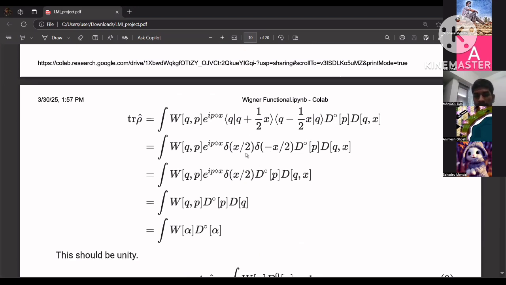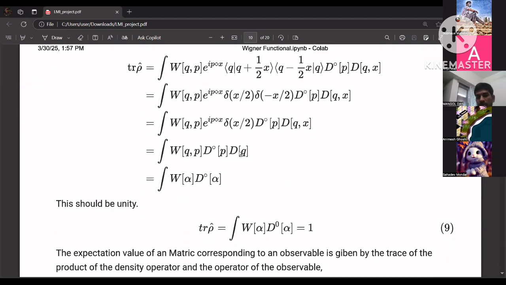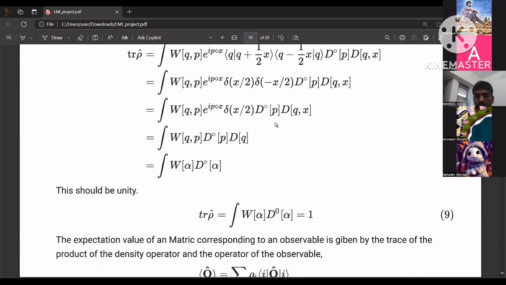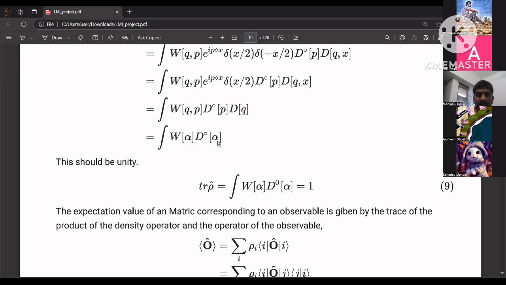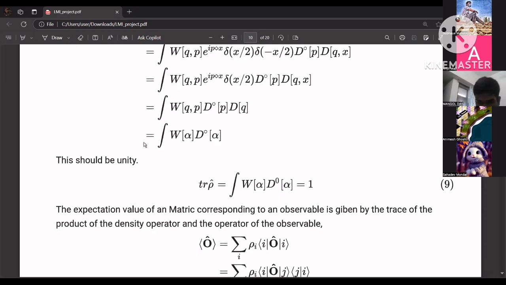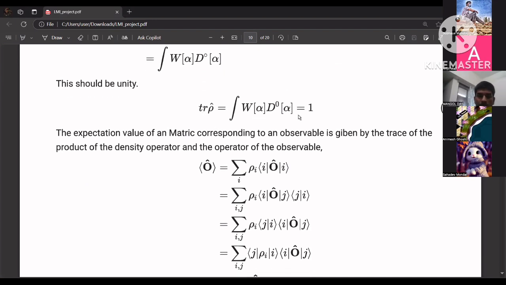From the symmetry of the delta function, they are the same, so we can write delta x by 2, and this only survives when x is equal to 0. So we put x equal to 0, and the x contribution vanishes from the integration, and we can combine q and p into alpha, giving d2 alpha. This is the normalization condition for the Wigner distribution, as this is a probability distribution and it should be normalized. So we see that the trace of rho is equal to 1.